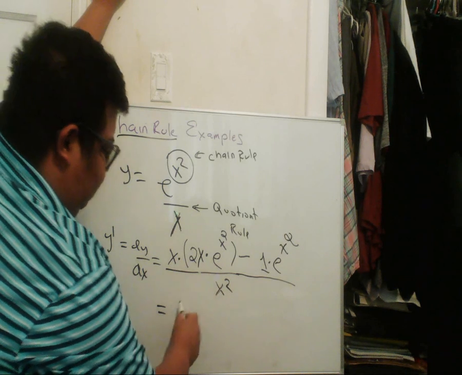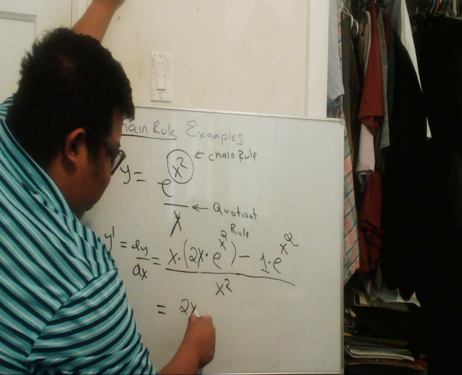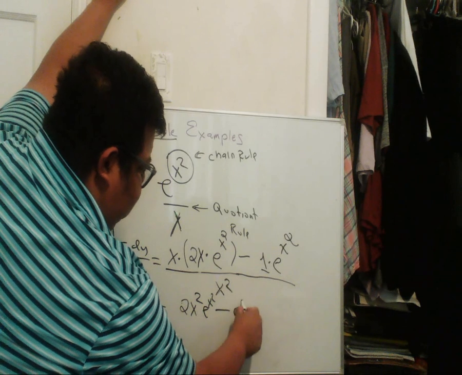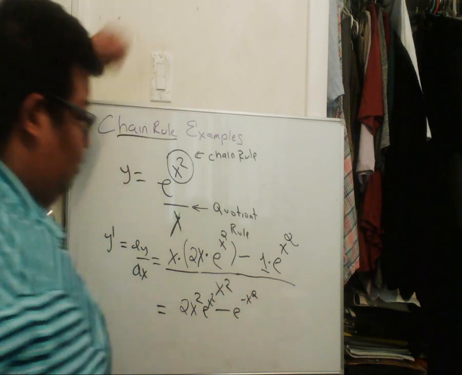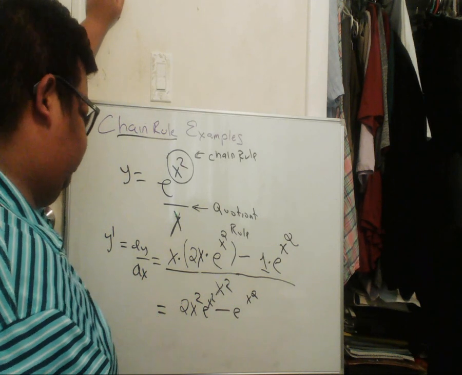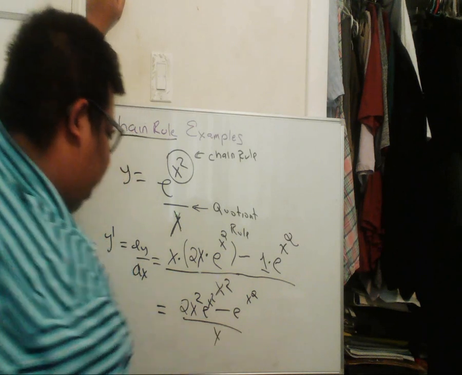We expand this first, so that's going to be 2x squared e to the x squared minus e to the x squared, all over x squared.